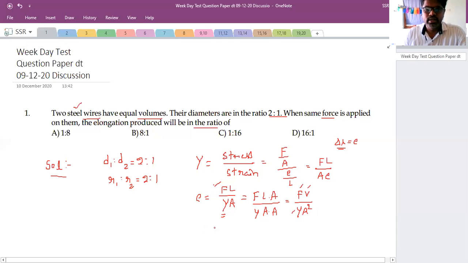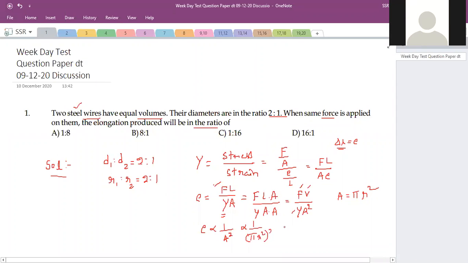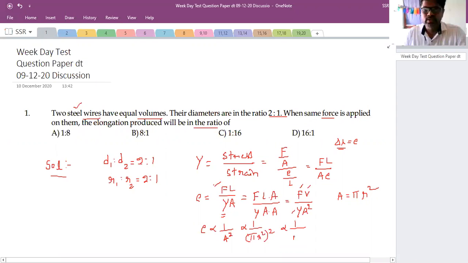Then elongation is inversely proportional to the square of the area of cross section, E proportional to 1 by A square. Where A is the area of cross section, pi r square. Then E is proportional to 1 by pi r square whole square, that is, 1 by pi square r power 4. That means elongation is inversely proportional to r power 4, E proportional to 1 by r power 4.